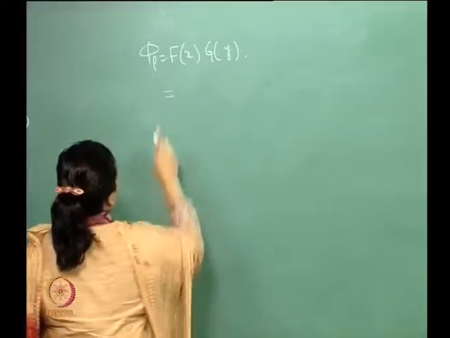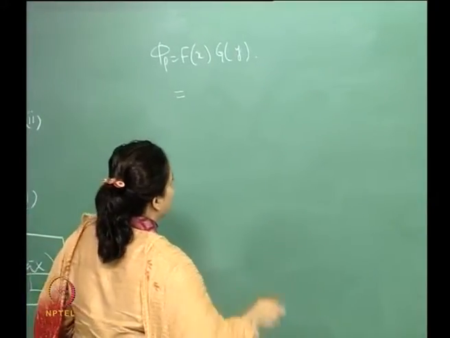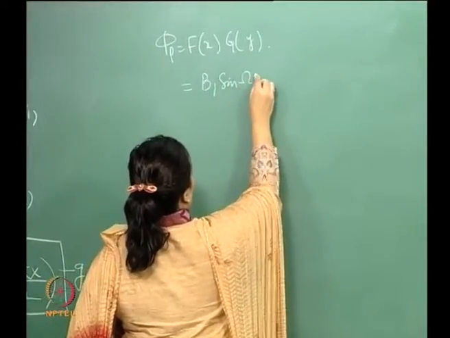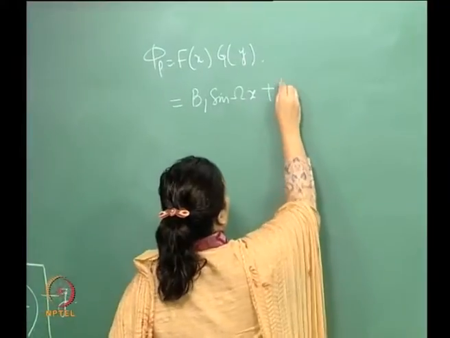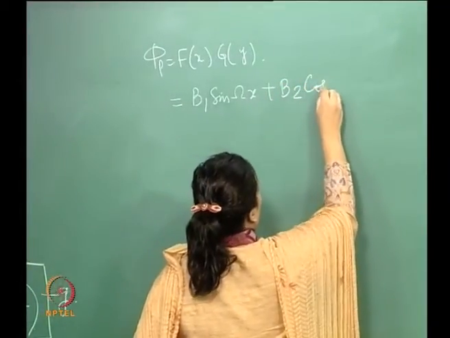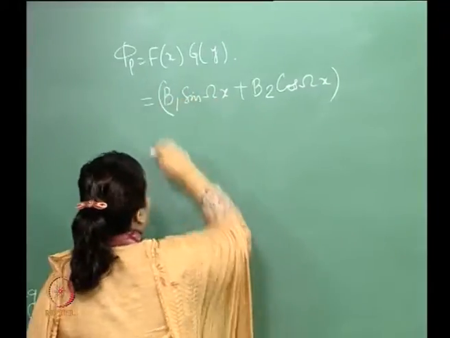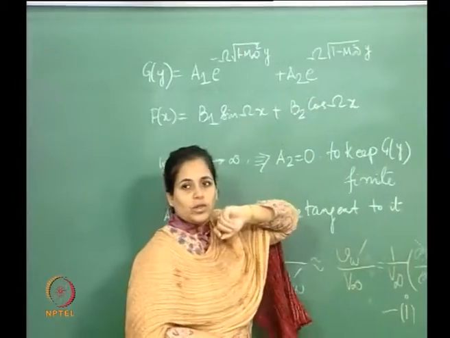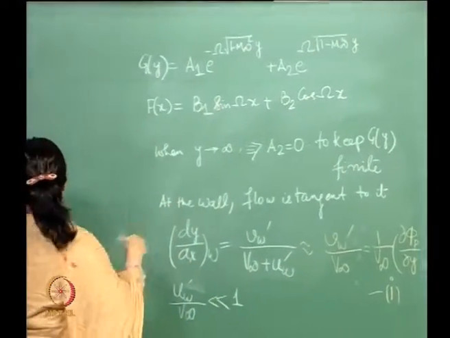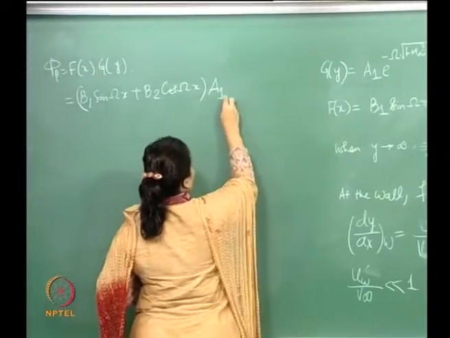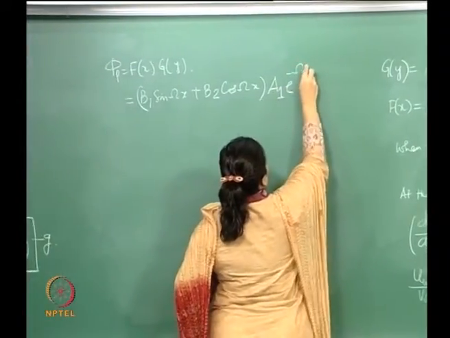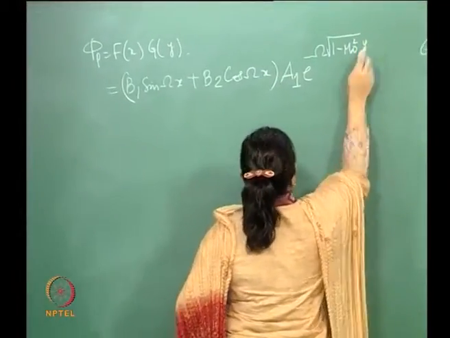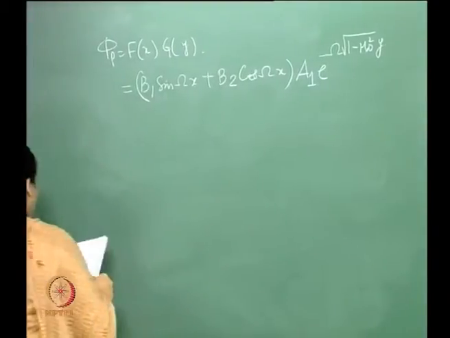So, how do we write this? Now f of x is essentially this. Now, G of y, if you look at this, we said A2 is equal to 0. So, therefore, we are left with this, which is A1 exponential this. So, we have this.